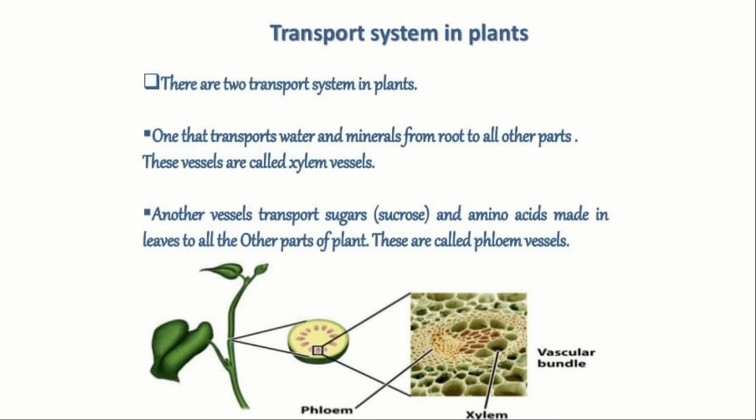Another type of vessels transports sugar, that is sucrose, and amino acids made in leaves to all other parts of the plant. These are called phloem vessels. By this, you would have understood that xylem transfers water and minerals, whereas phloem transfers sugar and amino acids to all parts of the plant.